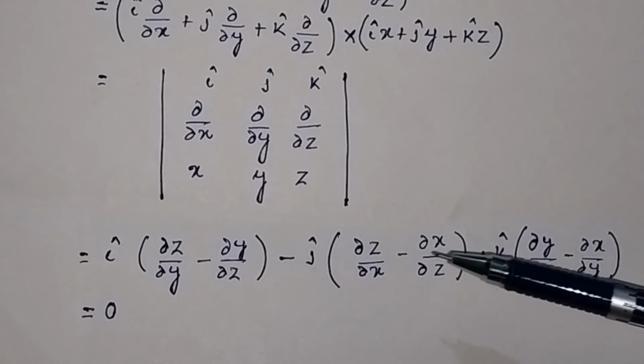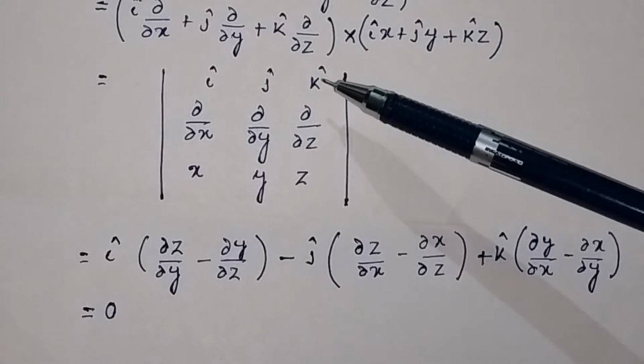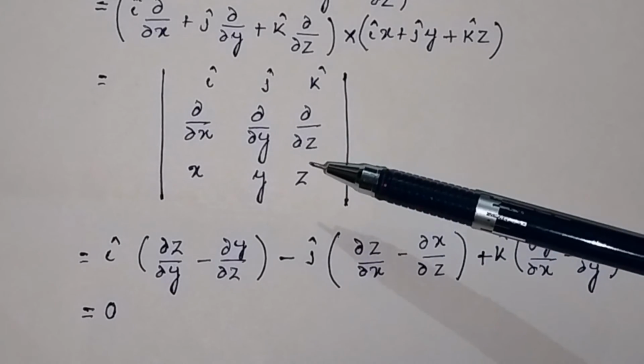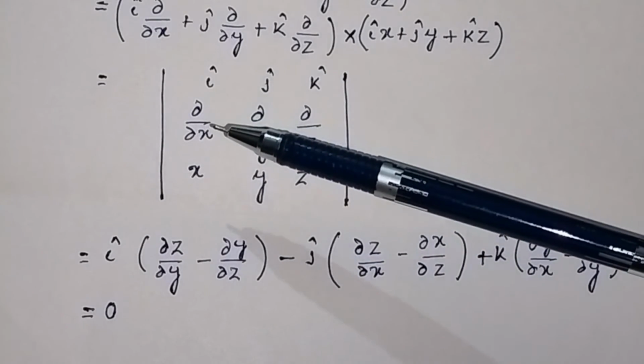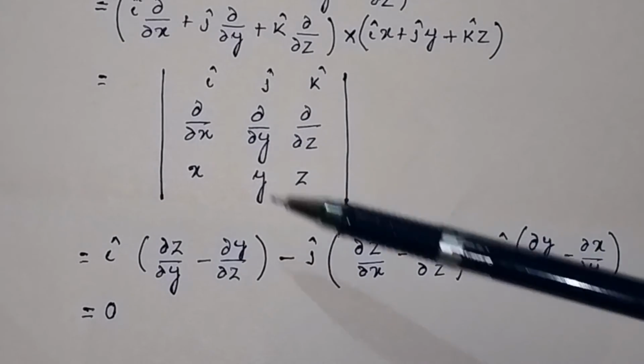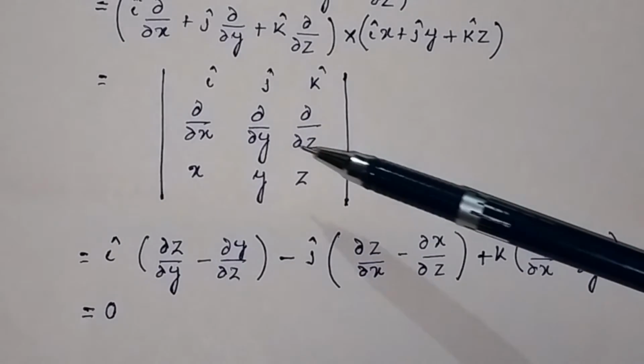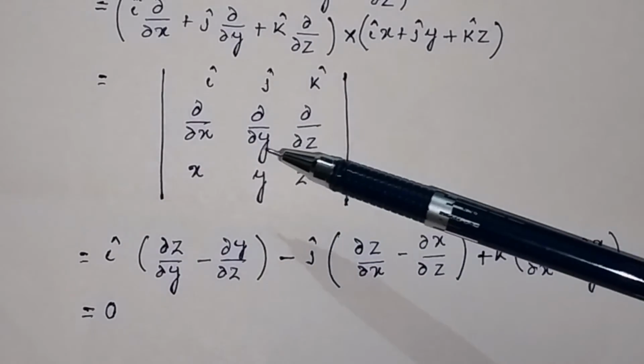And for the k cap term, you leave this row and column.